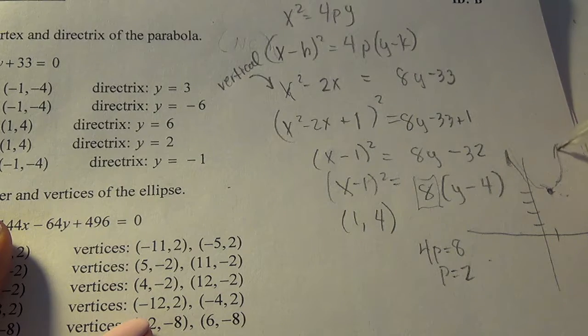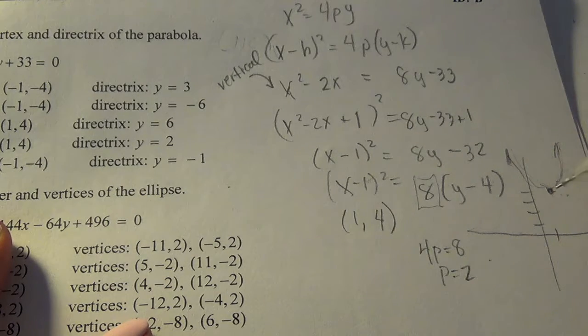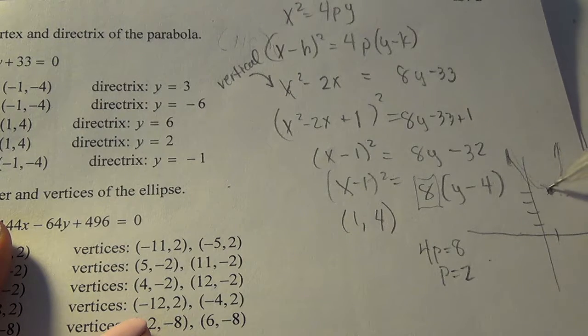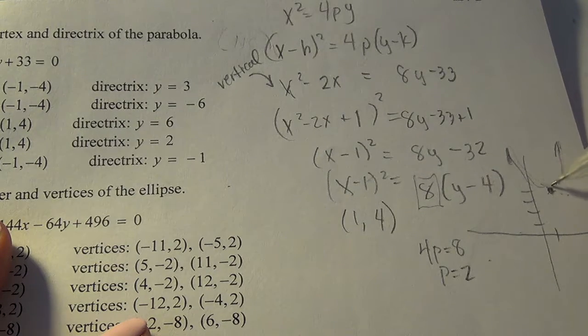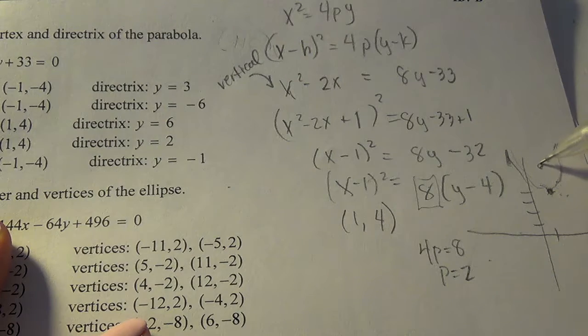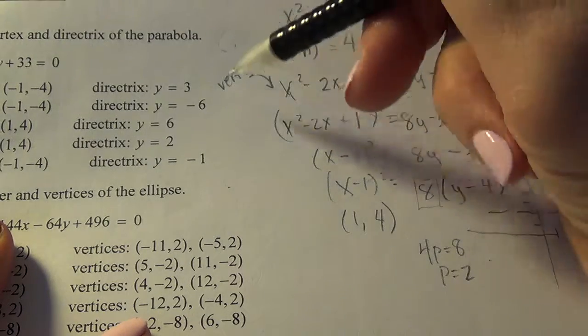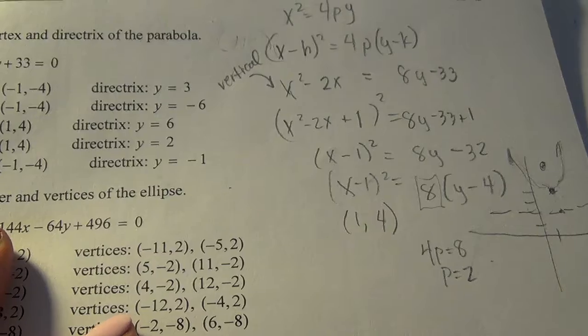And we are looking for the directrix. So the directrix is always outside the parabola, the focus is inside, and it's going to be 2 away. So the focus would be here, and the directrix is a line here. So that is y equals 2. Here it is, right here.